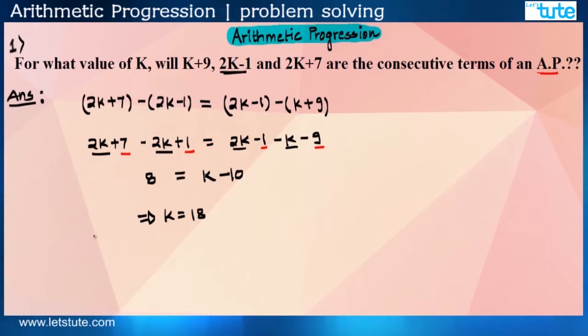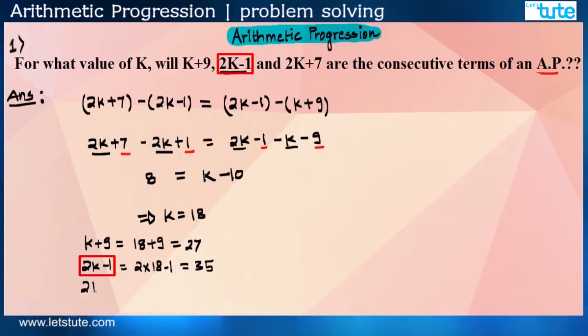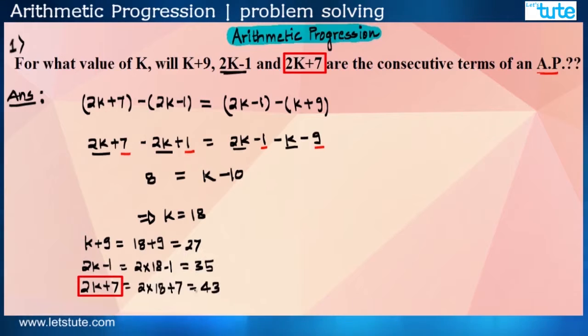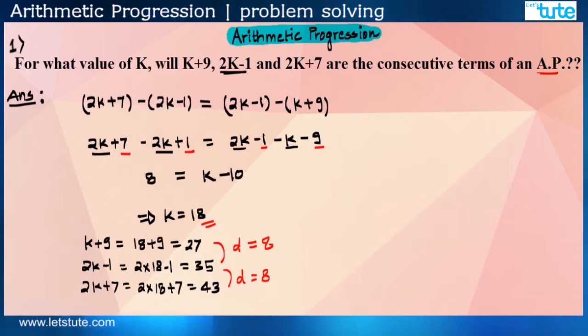You can further write it as: if we put k equal to 18, we'll get 27, 35 and 43, where the common difference is 8. Right? We are done with the question. This was a very simple question, wasn't it?